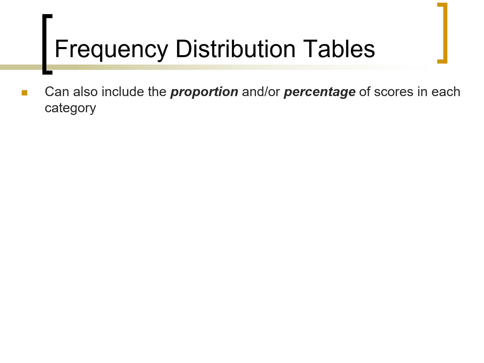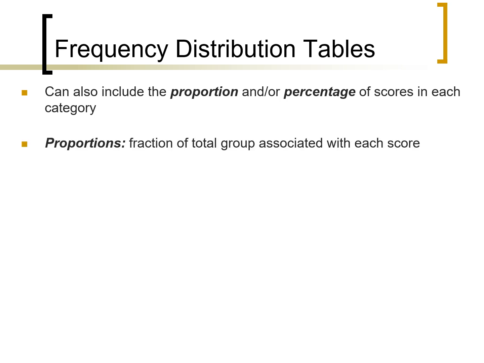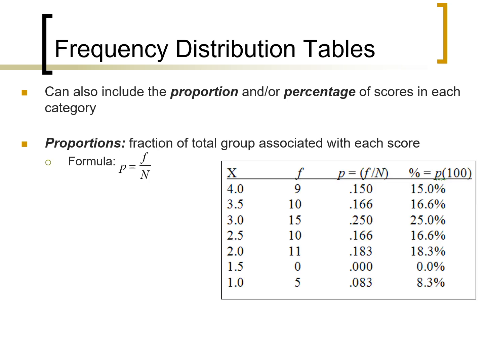There are some other things that we can do with this logic. We can also look at the proportion or the percentage of scores in each category. Our proportion is, of the total group, what proportion has a certain score or a certain range of scores. And we have a formula for that. Notice we're referring to p as a proportion.